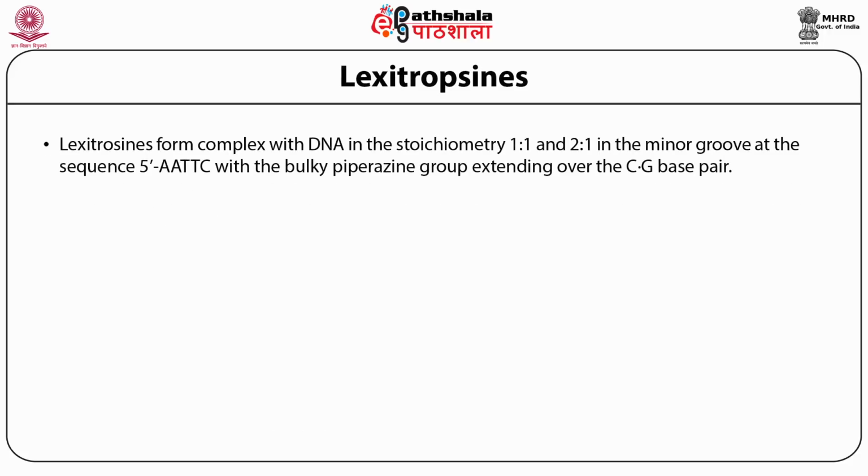Lexitropsin was seen to form complex with DNA in stoichiometry, both 1:1 and 2:1 in minor groove at sequence 5-AATTC with its bulky piperazine group extending over the CG base pair.